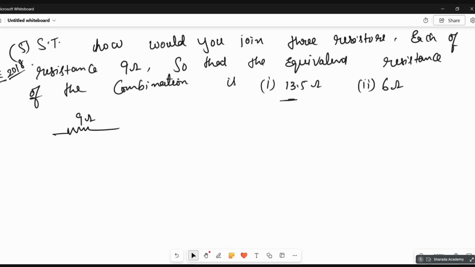The equivalent resistance I need is once 13.5 ohms, second time 6 ohms. Okay. Do it, Kiara. Try different methods. If one or two don't work, try the third method like that.